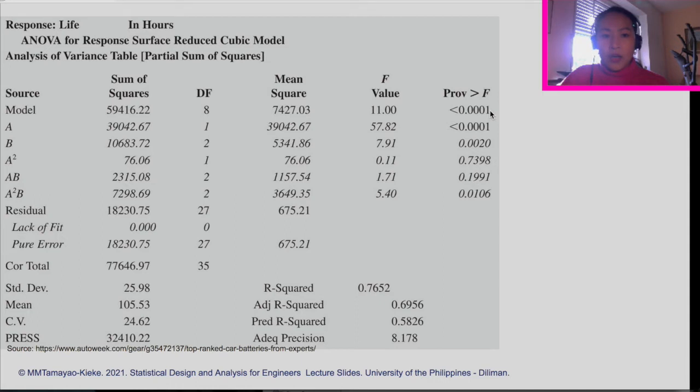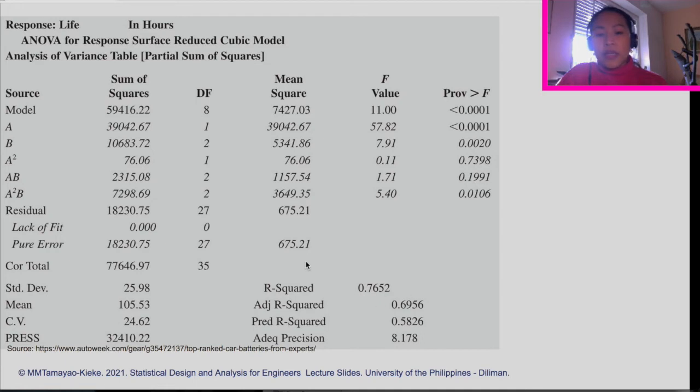As you can see here, our p-values for the main effects are less than 5%. So this signifies that the main effects are significant at 5% significance level, whereas A squared and AB are not significant, while A squared B is significant, because we have a p-value of 0.01 here. So at 5% it is significant.